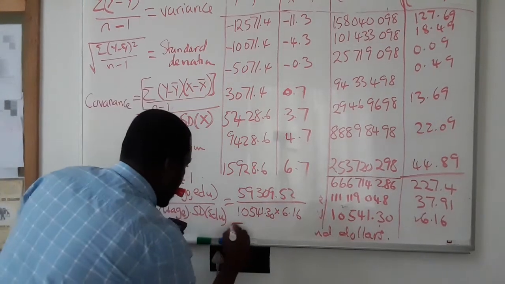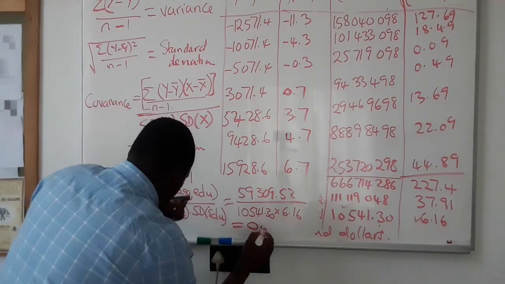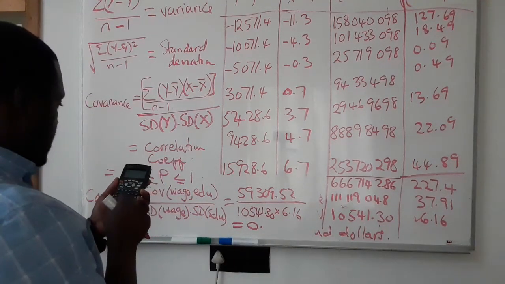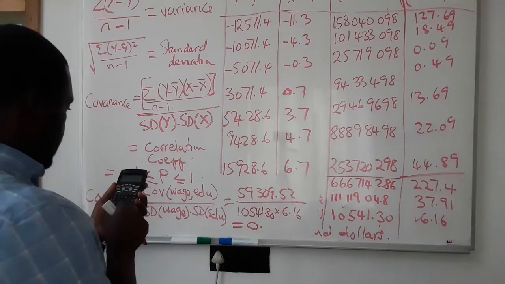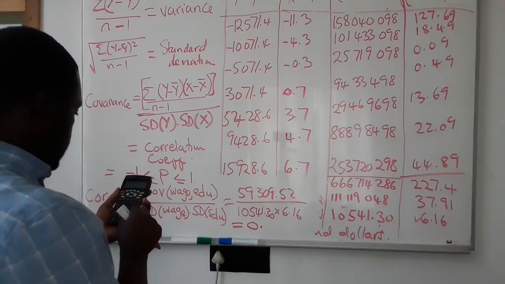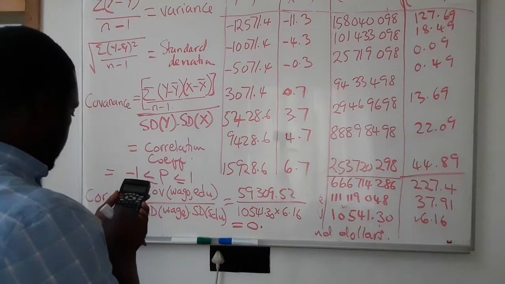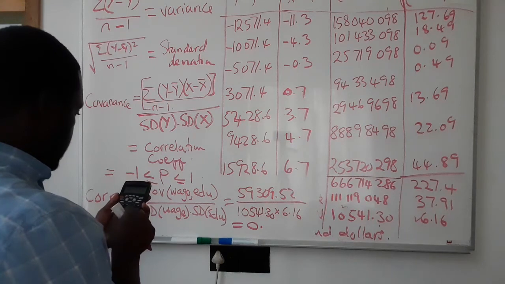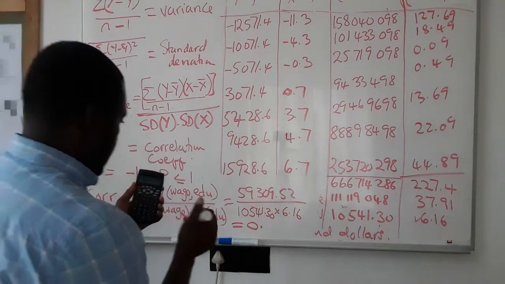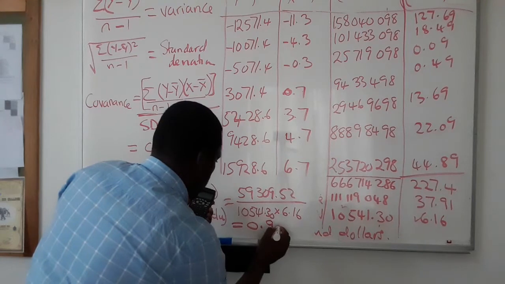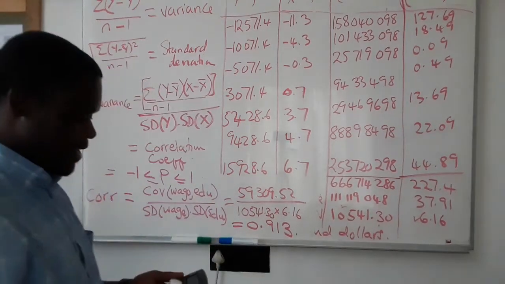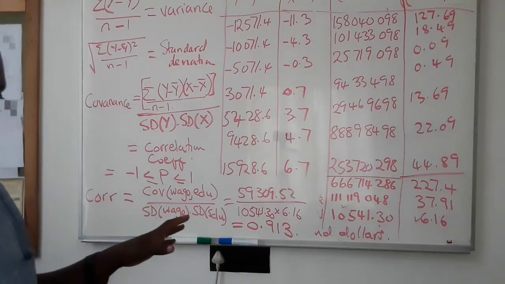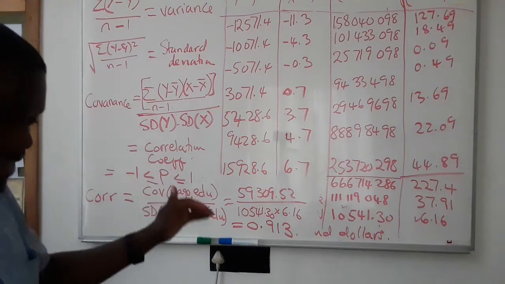So 59,309.52 divided by 10,541.3 times 6.16. We get 0.913. This is a very strong positive linear association.